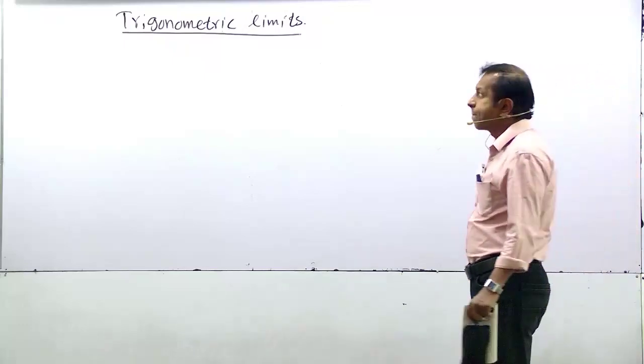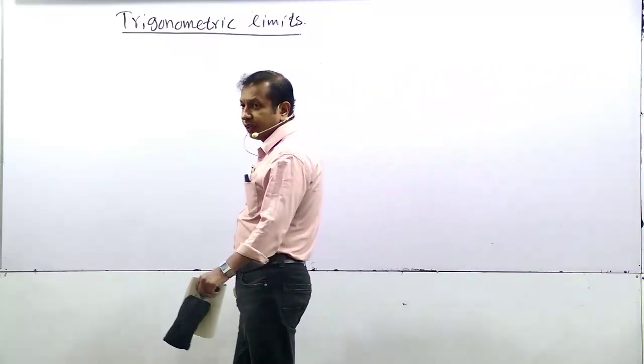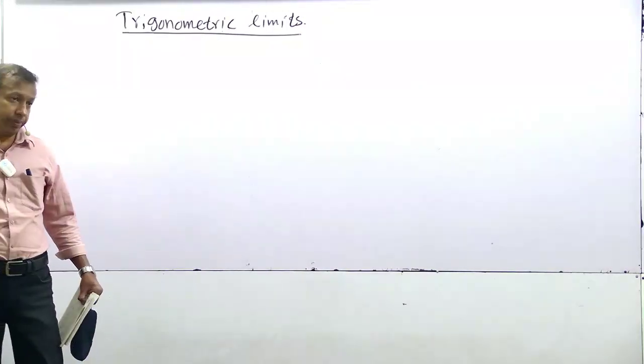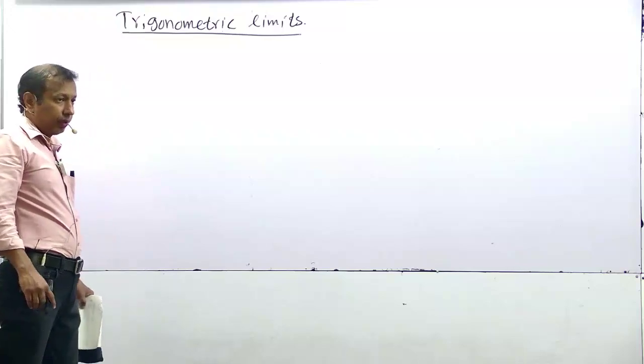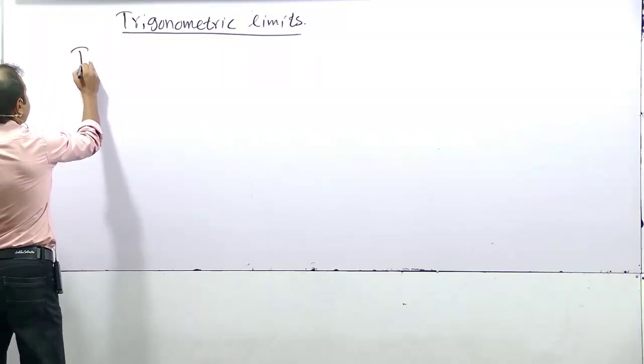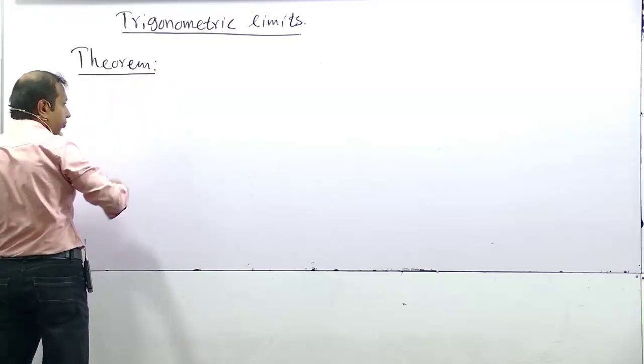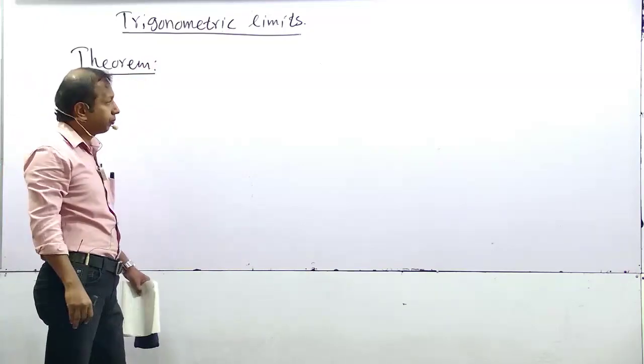There we have one theorem. We'll write the theorem. That theorem also we are supposed to prove later. Theorem is this.